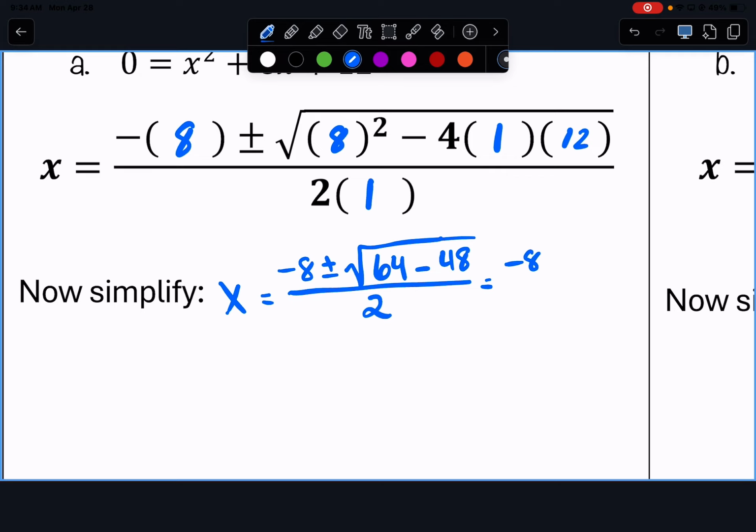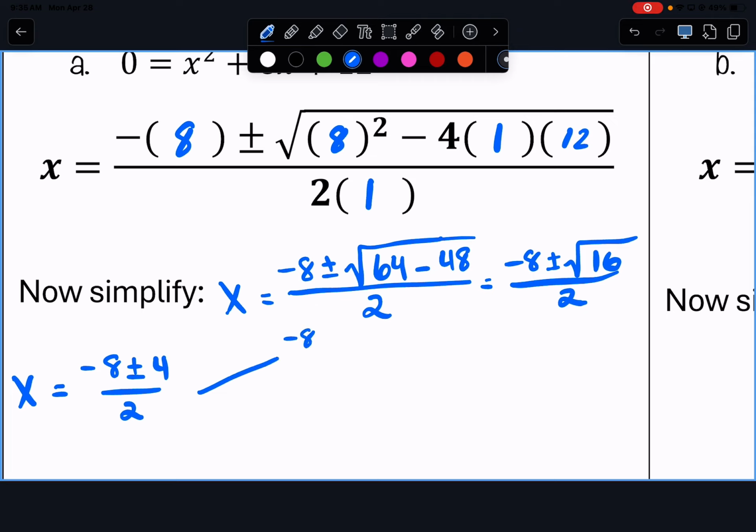Then we have negative 8 plus or minus the square root of, what is 64 minus 48? 16. I'm losing my mind. Divided by 2. So we get x equals negative 8 plus or minus, what's the square root of 16? 4, divided by 2. So we do both cases.